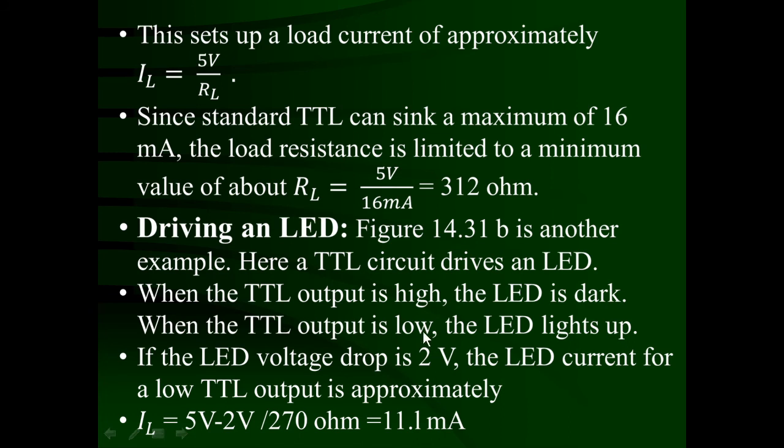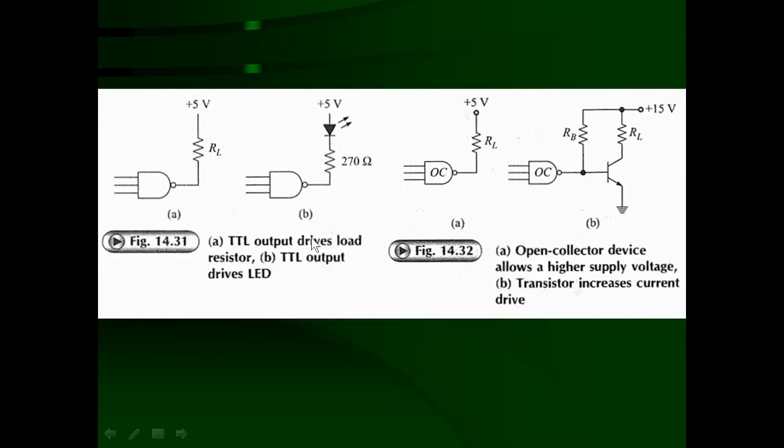When the TTL output is low, the LED lights up because it is forward biased, current passes through the LED, so it produces light energy. If the LED voltage drop is 2 volt, the LED current for a low TTL output is approximately IL equal to 5 volt minus 2 volt divided by 270 ohms, that is equal to 11.1 milliampere current passing through the lower sinking transistor of the TTL.